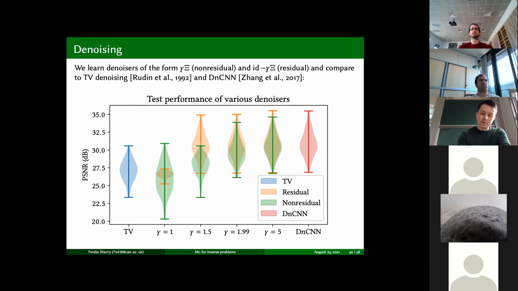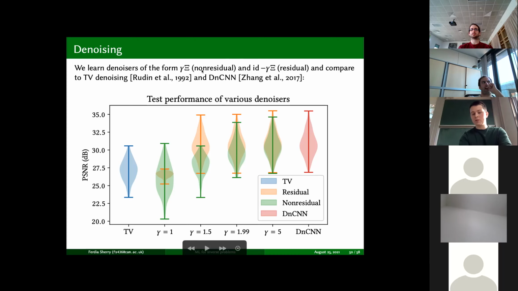And here I set side by side various approaches, where we allow some scaling, so we scale up the output so that the network is not non-expansive anymore, but it is gamma Lipschitz, or we use this residual learning approach.